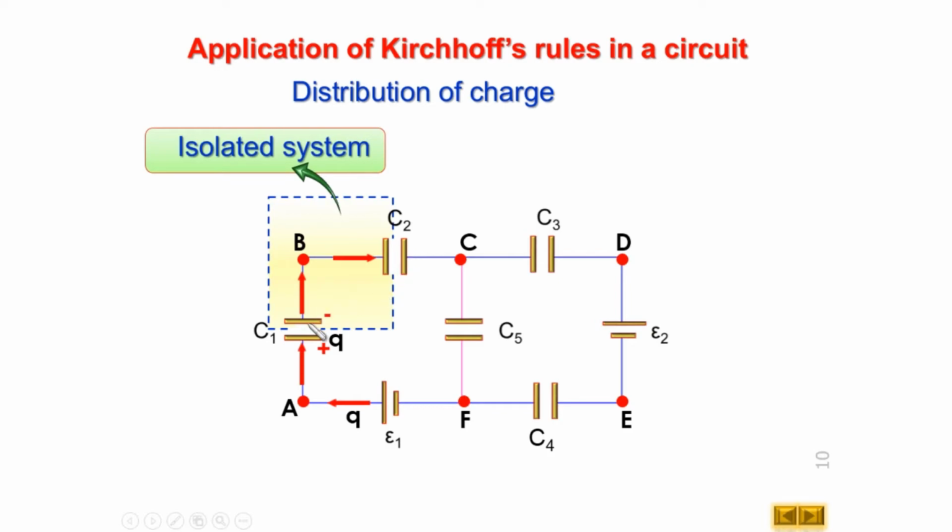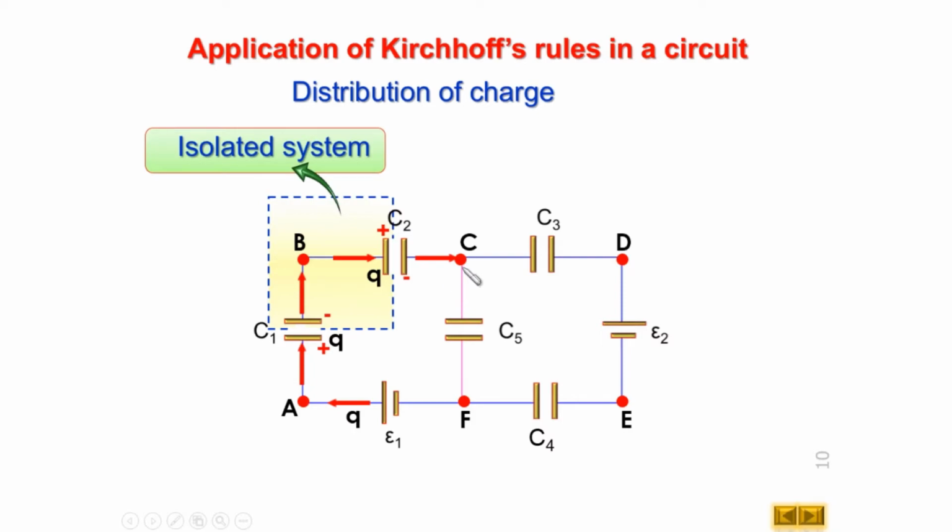So we know this charge is minus Q. That means the charge on this plate should be equal to plus Q. Again, the facing plates of a capacitor have equal and opposite charge, and here this is a positive charge. That means this facing plate should have the negative charge. And from a negative plate we can take charge out, so we can make the arrow here and write Q charge is coming out of the plate.